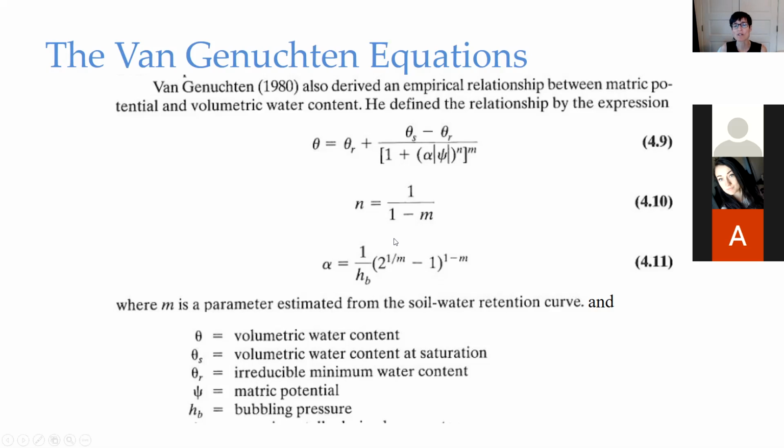It turns out that N, M, and alpha are all just kind of one parameter. You can calculate N from M. And once you know M, you can also calculate the alpha as long as you know the air entry pressure right there. So it's not quite as bad as it looks. And there's an equivalent expression that once you know this saturation, you can calculate the hydraulic conductivity or the permeability using these same parameters again.